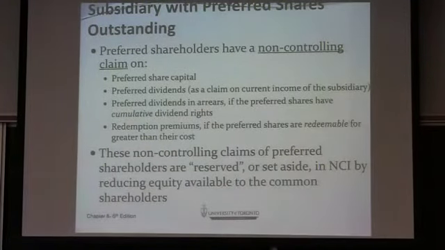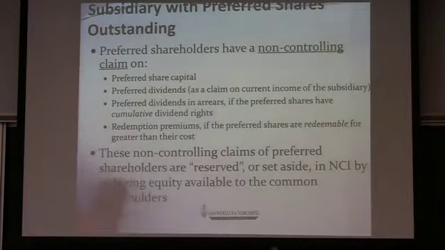So in this example, the PET and SET question, you'll see that the subsidiary SET has more than common. So we need to be able to calculate how much of the shareholders' equity we need to allocate to the preferred shareholders, and they become a non-controlling interest component of the company.